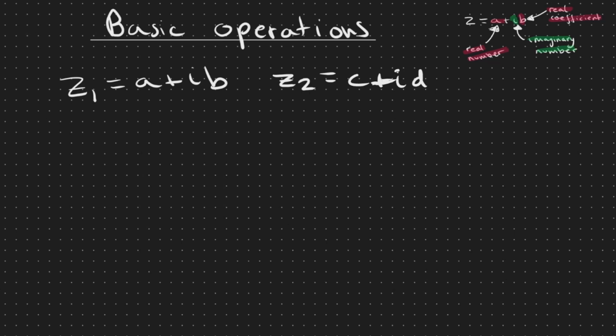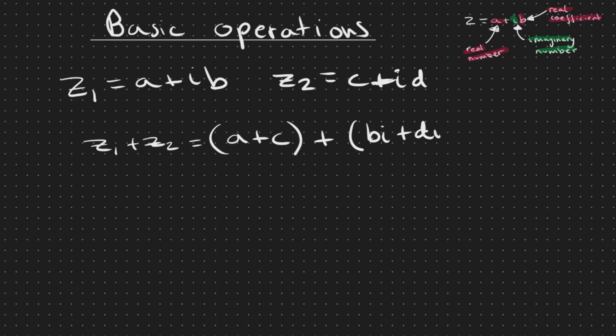So if we have two complex numbers, then z1 plus z2 is equal to the addition of both real parts, so a plus c, plus the addition of bi and di. So you can rewrite this even simpler as a plus c plus i times b plus d.